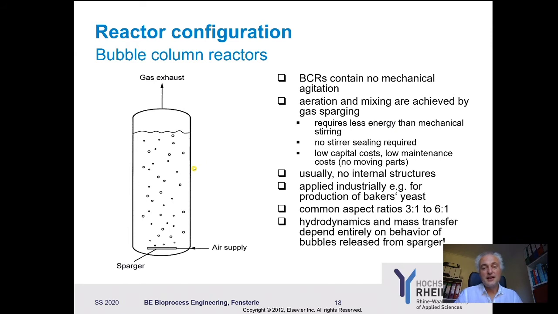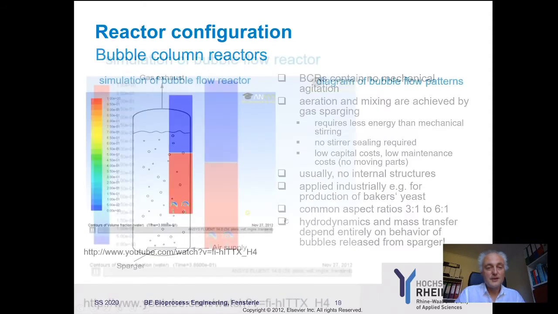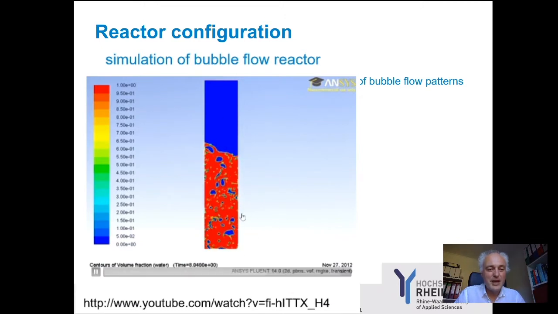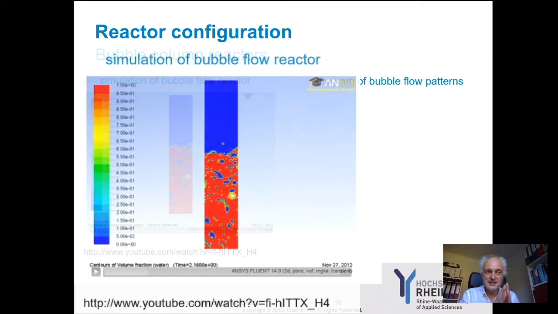So this means, in other words, that everything is about the sparger and about the hydrodynamics there, so the pressure. If we look at how this bubble flow actually looks, you see you get a kind of chaotic pattern here. And at the end, this is what you want to have. But you also see it's certainly not an even distribution of bubble sizes.